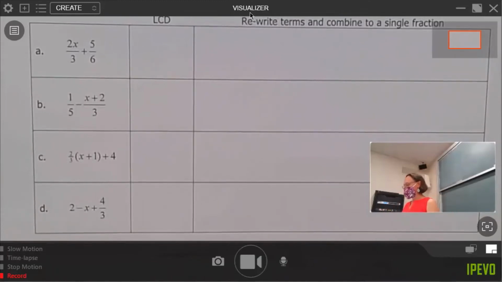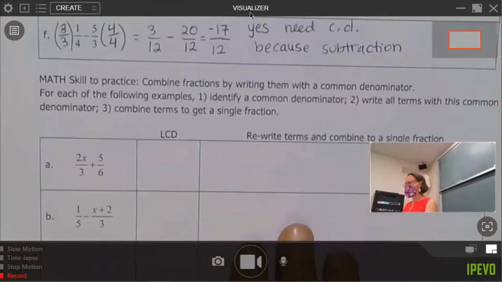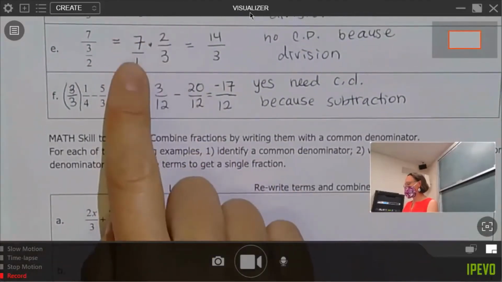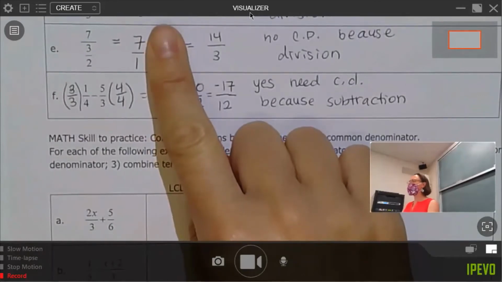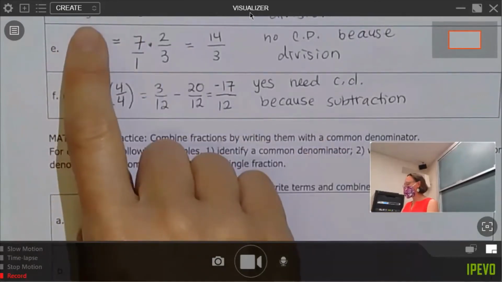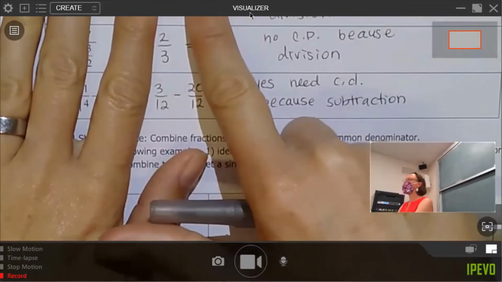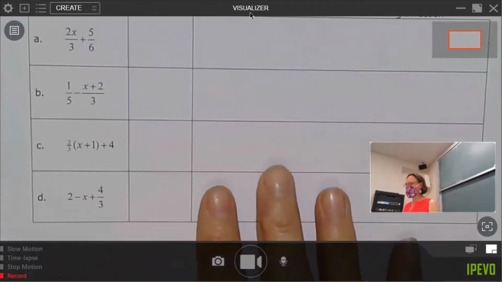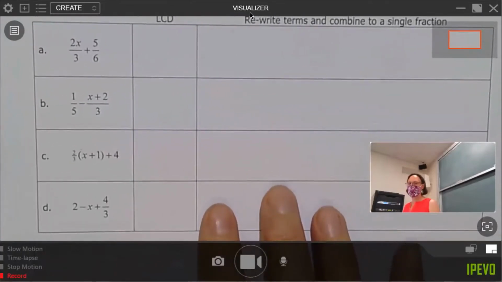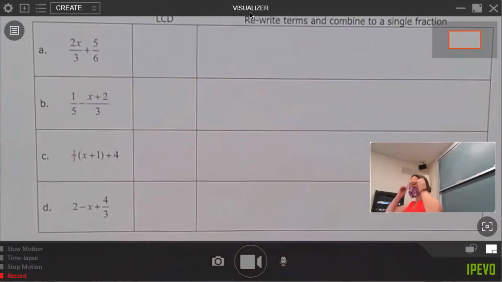This is in reference to this one where the 7's on the top, so we're going to keep it on the top when we rewrite it as a fraction. The 3's on the bottom, so we're going to keep it on the bottom when we rewrite it as a fraction. Okay, down to some more practice here.